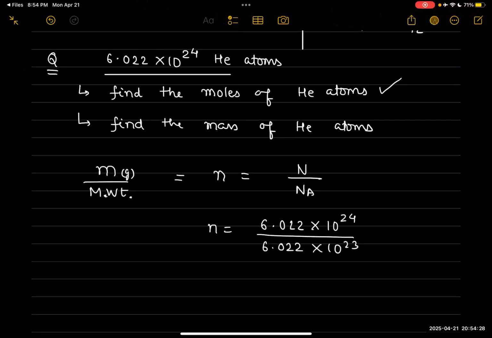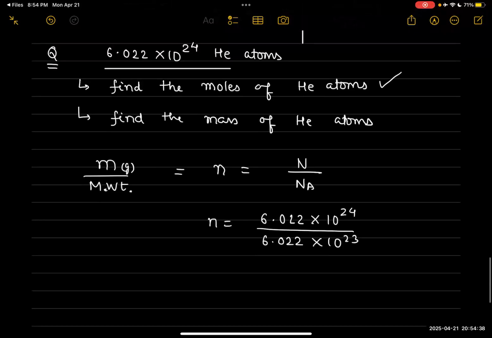Got it? Avogadro number is 6.022 into 10 to the power 23. Is it clear or not?